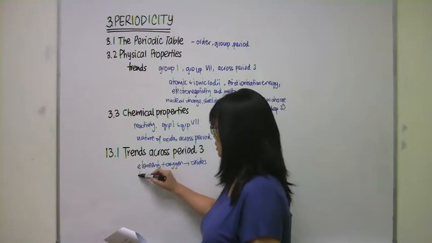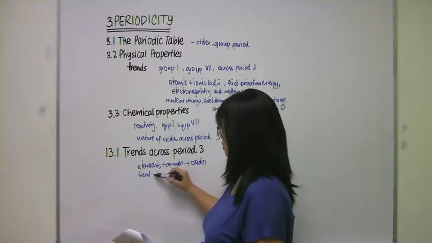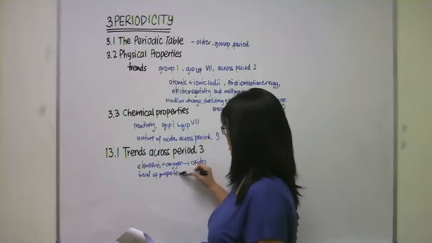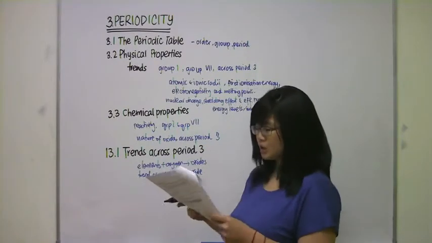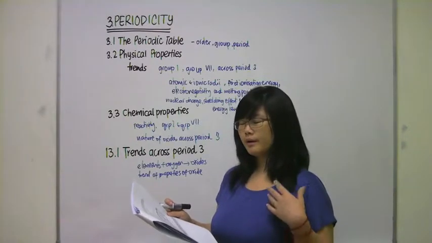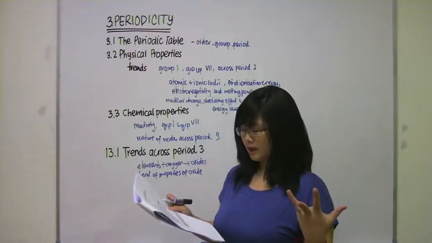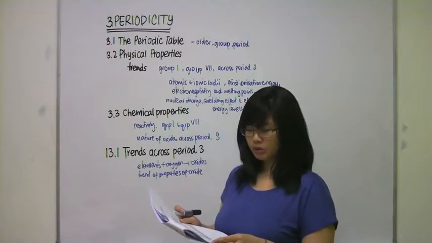And they need to know the trend of properties of the oxides across period 3, such as electrical conductivity, pH in solution, acid-base nature, and whether it will be solid, liquid or gas.